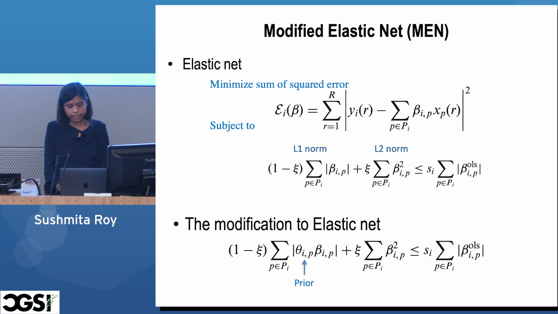And what they're saying is, let's put in this additional term theta_ip over here, which can be used to tune how much penalty we want to put on the regression weights. And so if I have some prior knowledge of a particular regulator P, I will add less penalty. So this theta_ip is less than 1, so I will pay less cost. So that's one way in which you could do this.